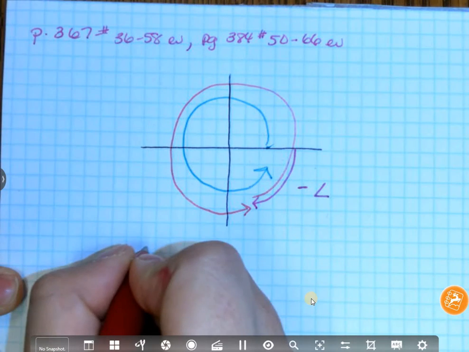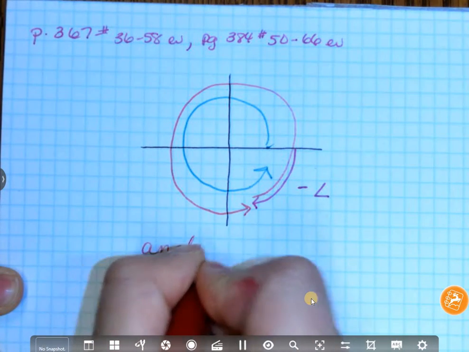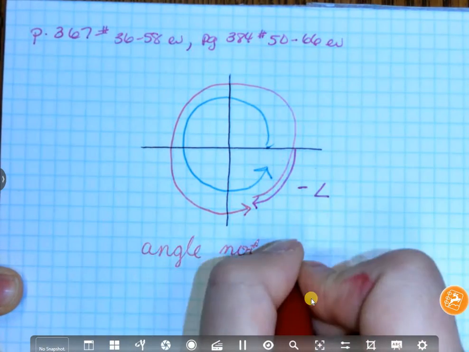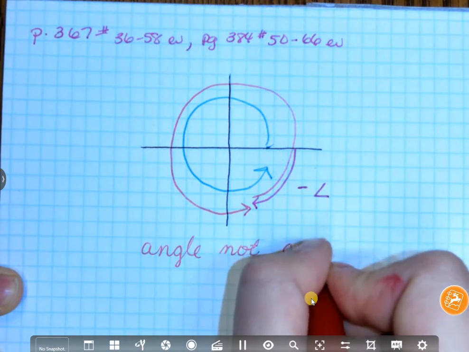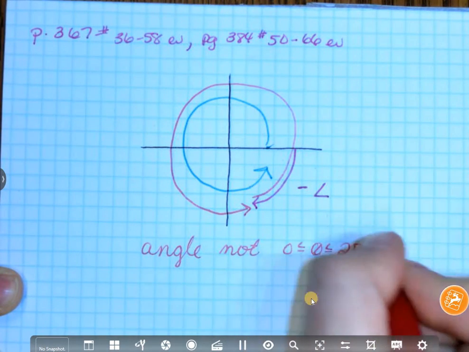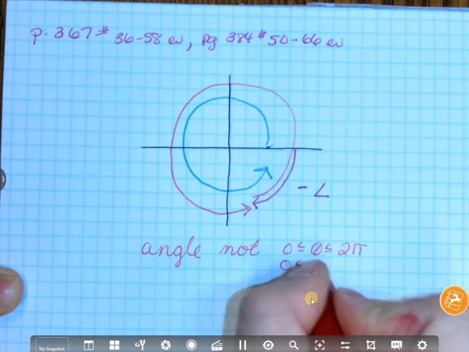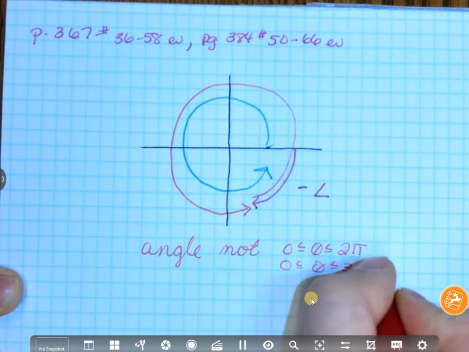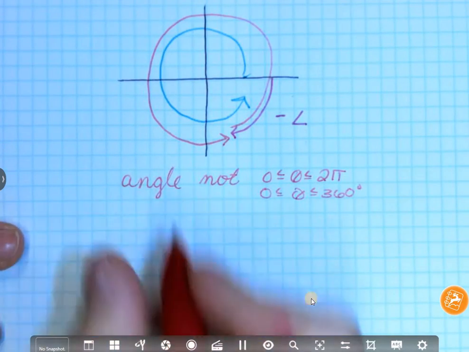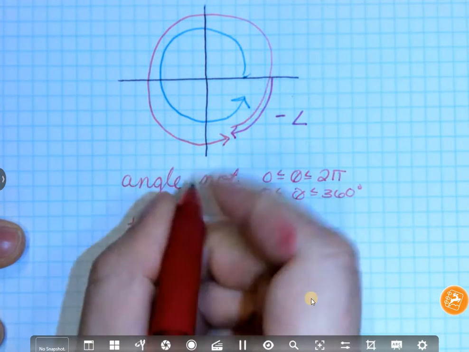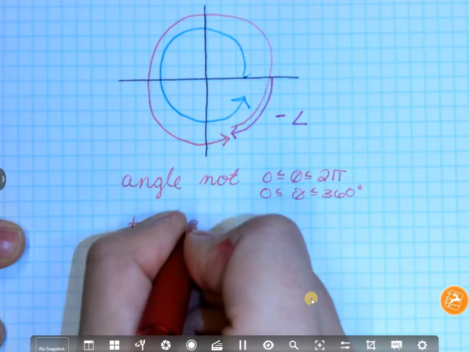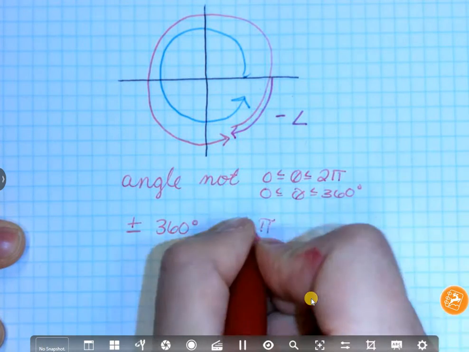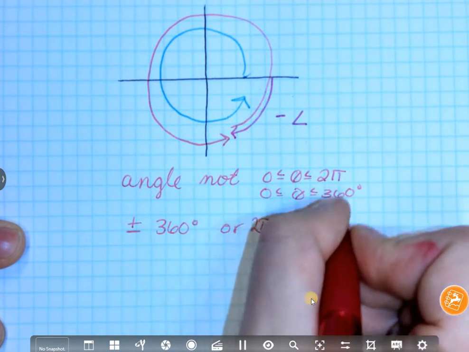So if you have an angle that is not between 0 and 2 pi or 0 and 360, then add or subtract 360 degrees or 2 pi until it is.